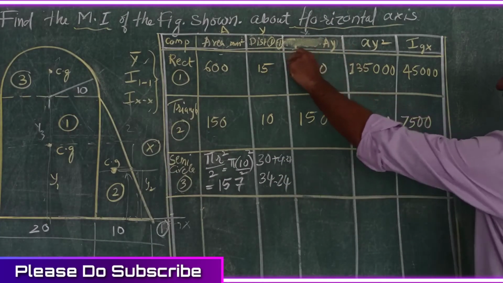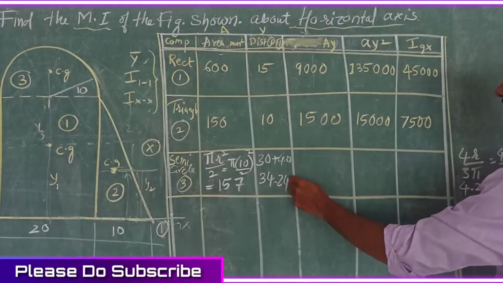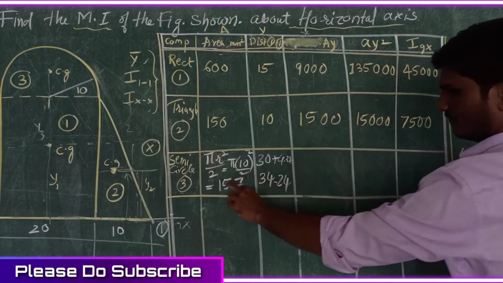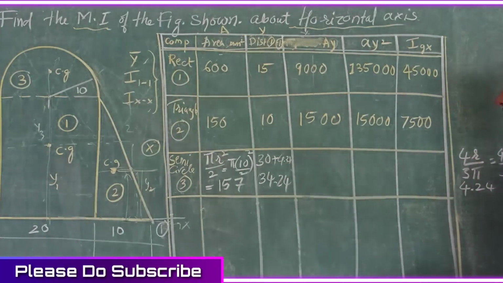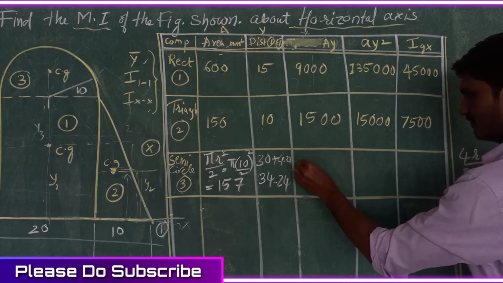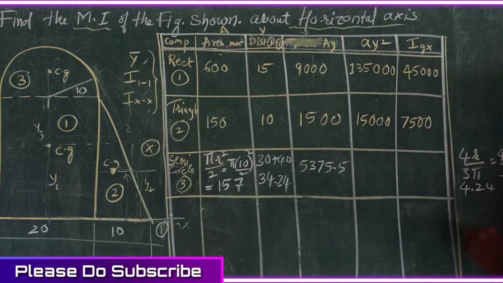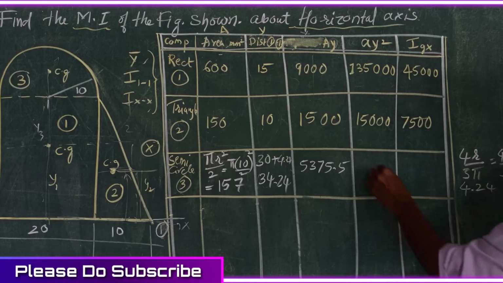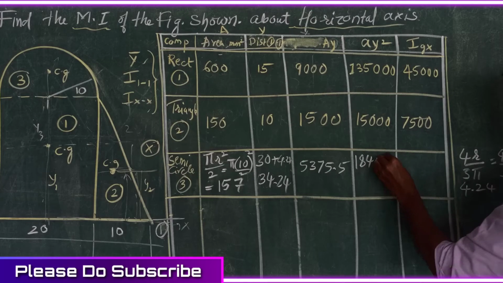Then a into y. Make the multiplication of these two, and also a y square. So first make the multiplication of y square into a. So that value we will obtain: 5375.5, and a y square we will obtain 1,83,063.3.